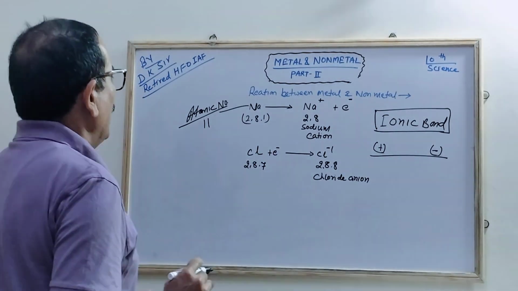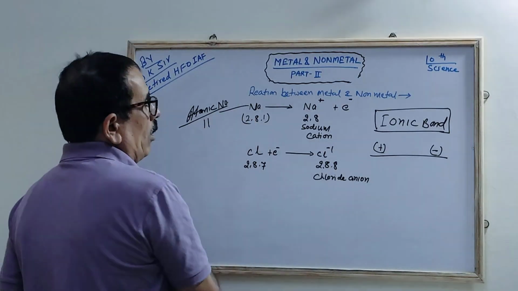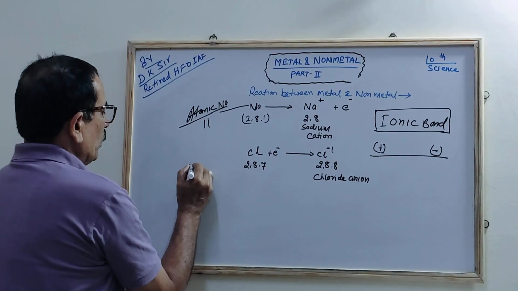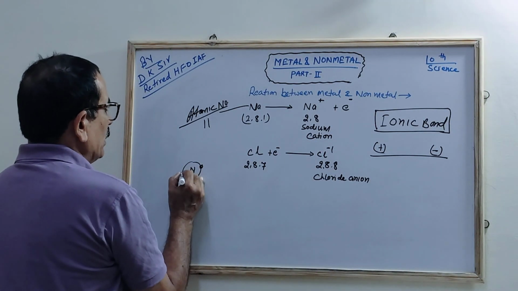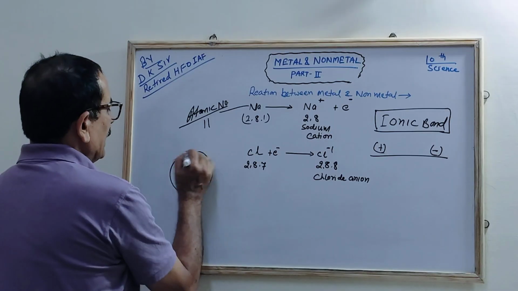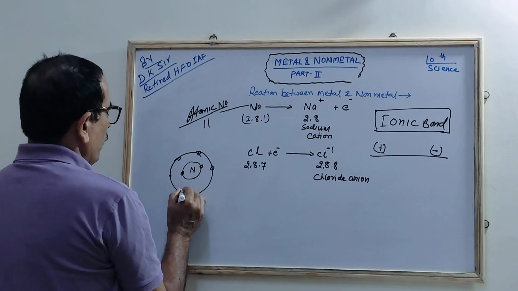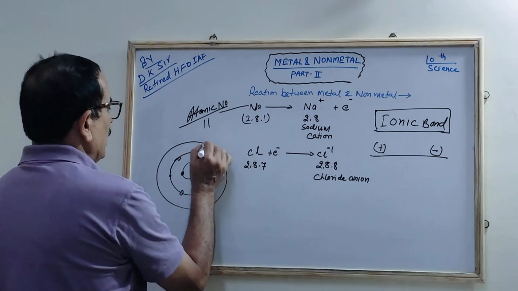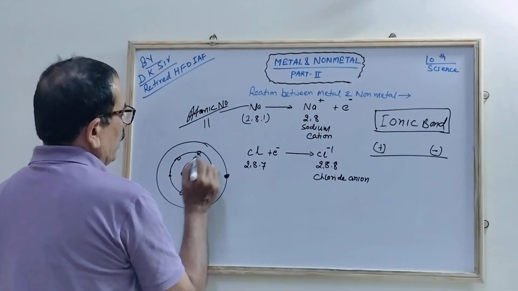When we do the electron configuration, we find that sodium, Na, has 2 electrons in the first orbit, 8 electrons in the second orbit, and the next orbit has 1 electron, correct?